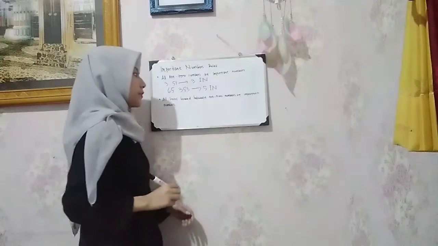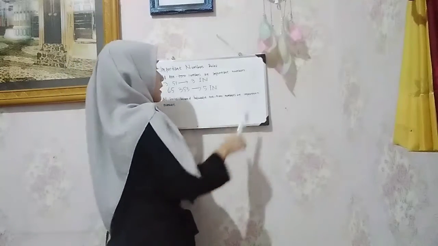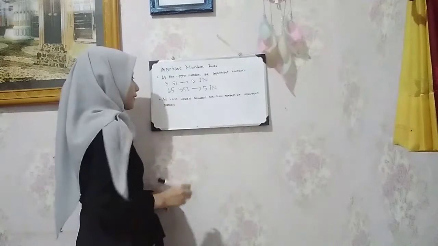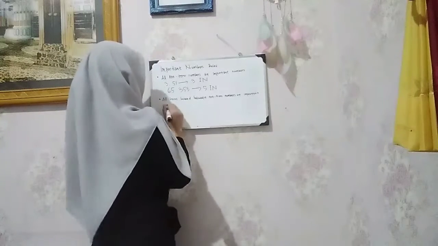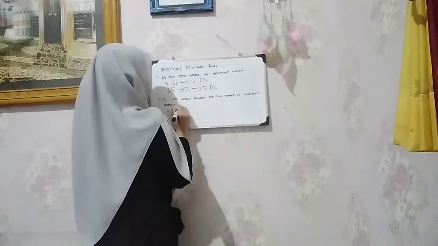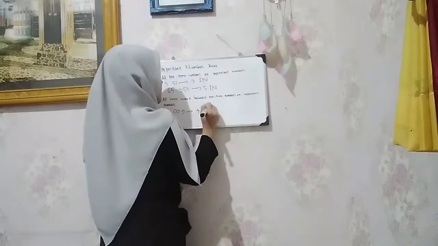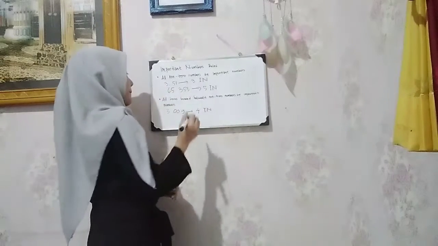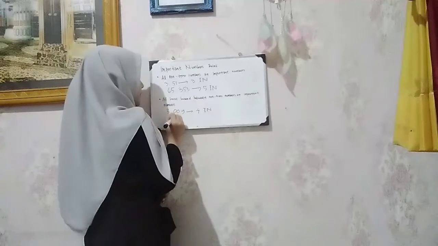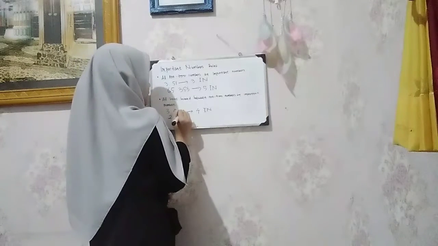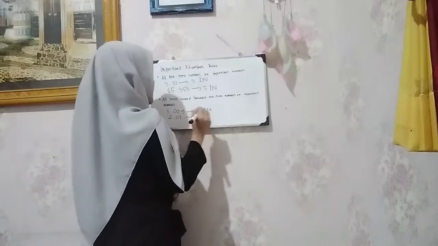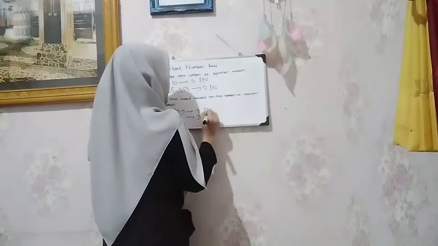All zeros located between non-zero numbers are important numbers. For example, 3.009 has 4 important numbers. 2.01 has 3 important numbers.